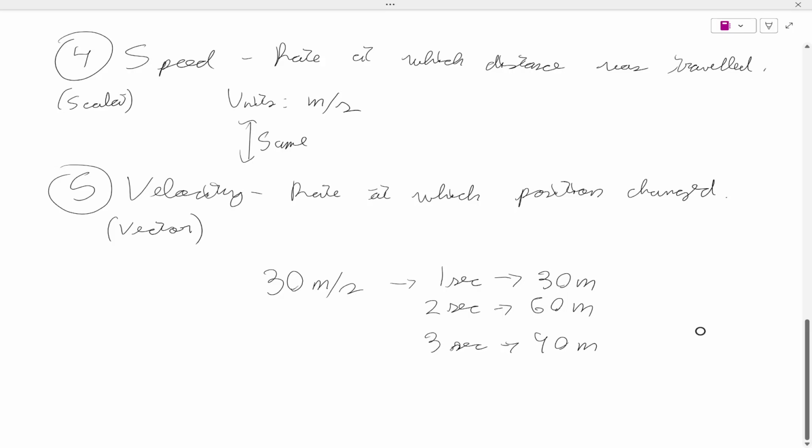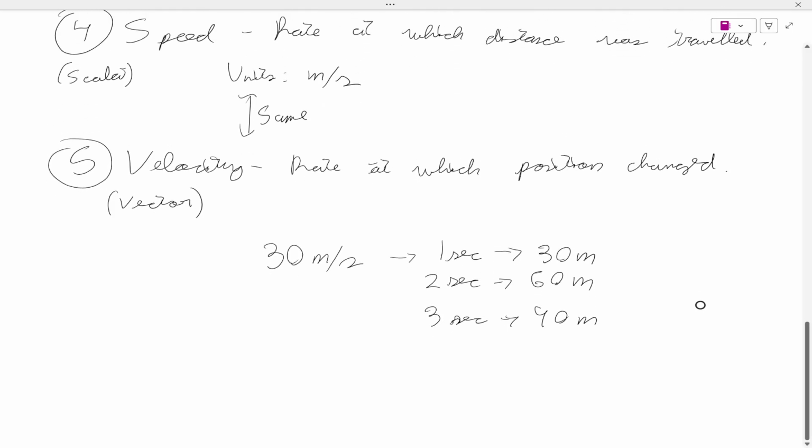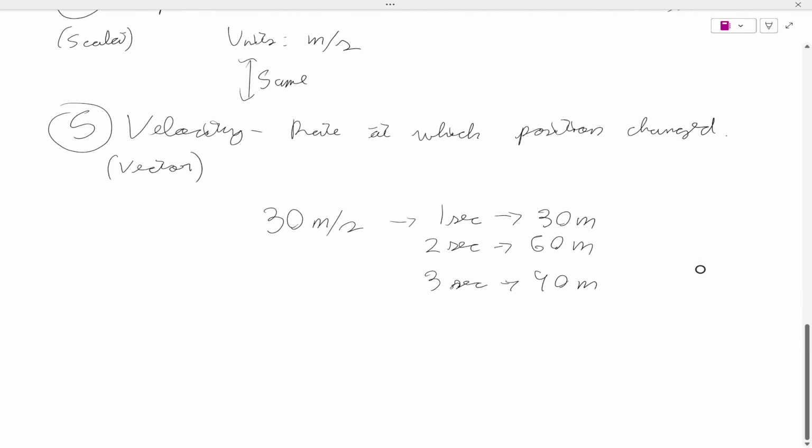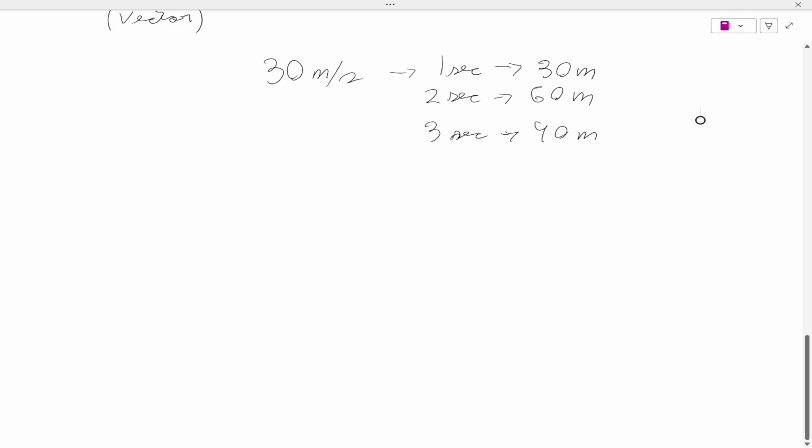But the velocity is different. It's actually the position at which I've changed. So this just means that it has a magnitude and direction.